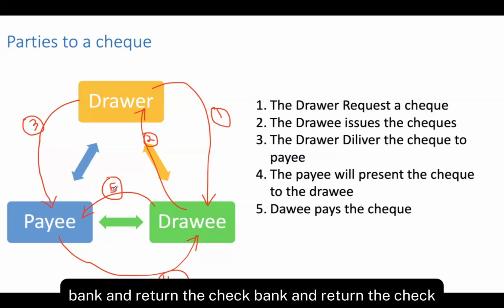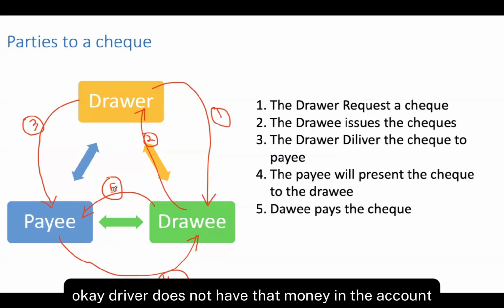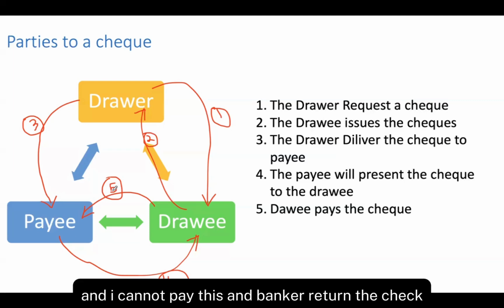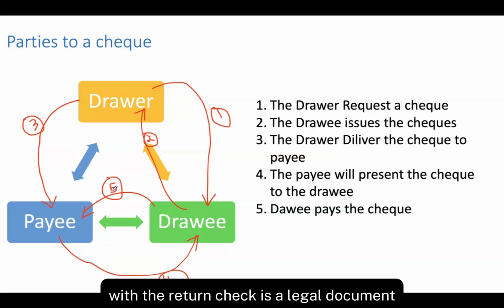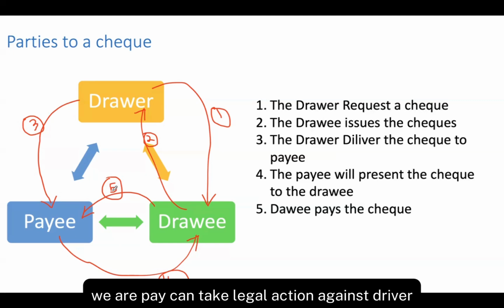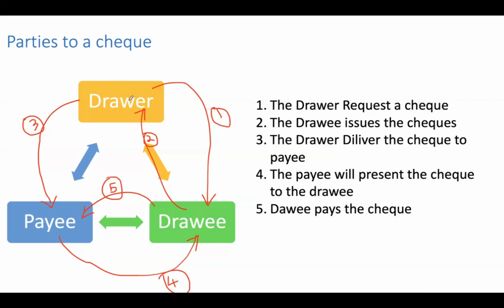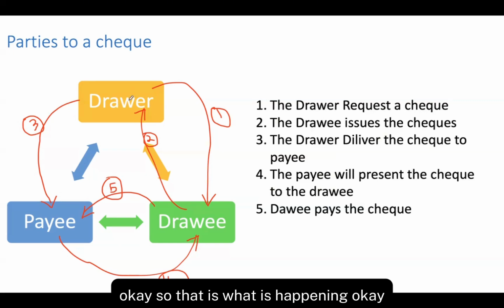The bank can return the check, saying the drawer does not have that money in the account. A returned check comes with documents that are a legal document where the payee can take legal action against the drawer.